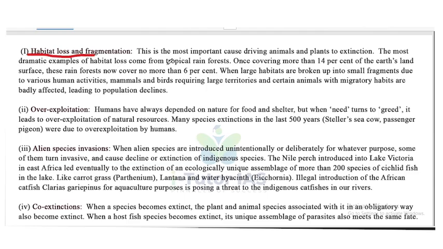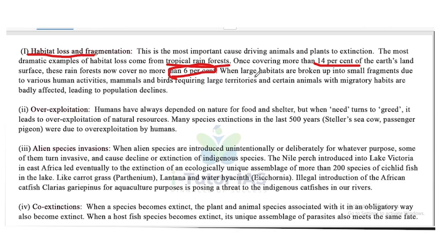come from tropical rainforest, once covering 14% of Earth's land surface. These rainforests now cover no more than 6%. More than half of the tropical rainforest is lost.